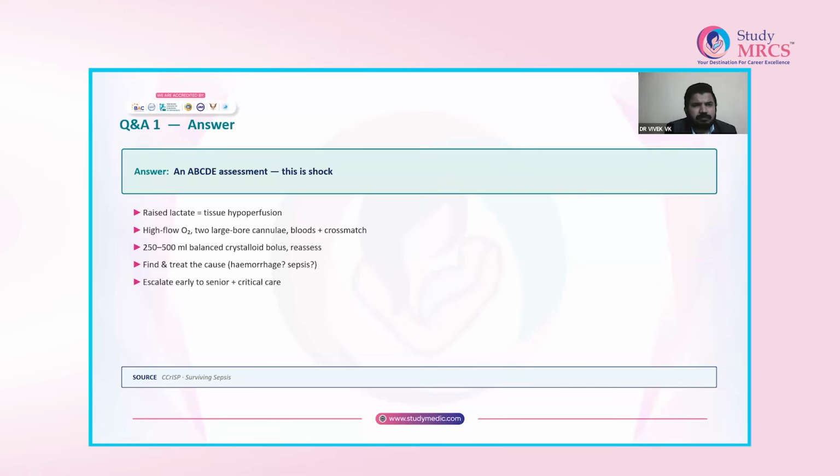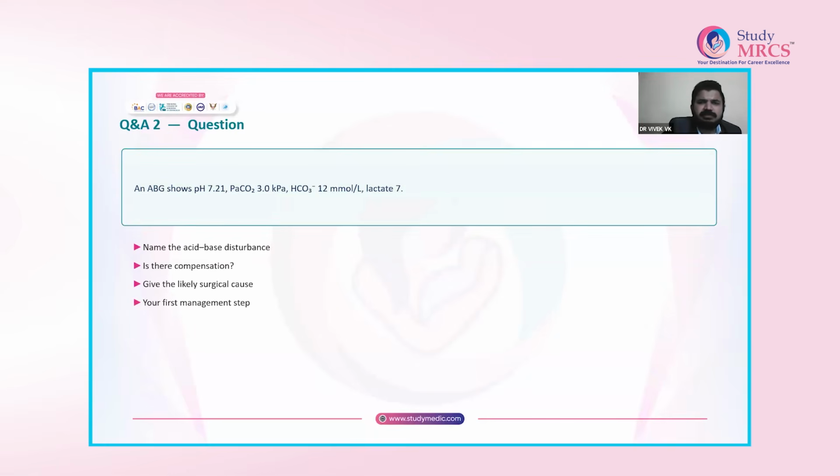You have to give high flow oxygen and 2 large bore IV cannulas. You have to take blood for labs and for cross matching. You can give an initial bolus of 250 to 500 ml crystalloid. You have to reassess, and find and treat the cause, whether it is hemorrhagic or septic shock. You have to escalate early to the senior, or arrange admission into ITU.